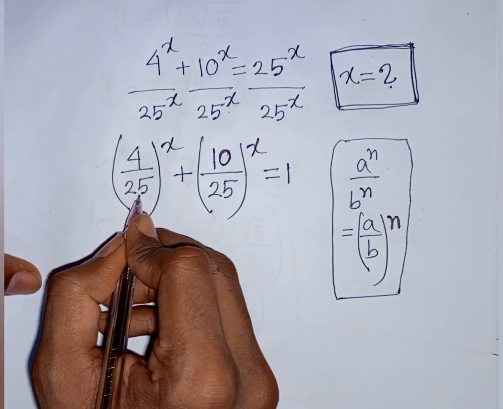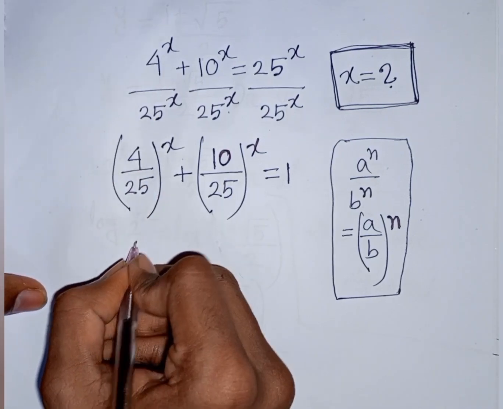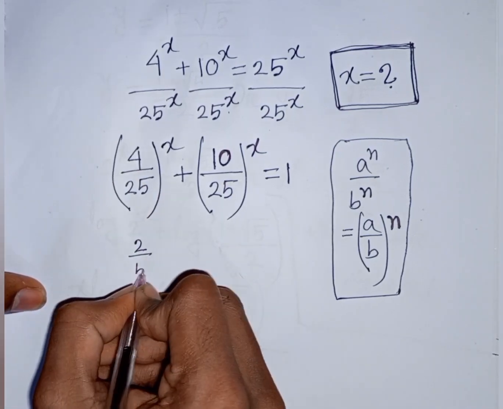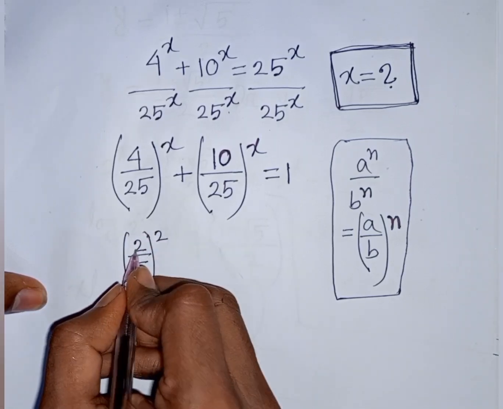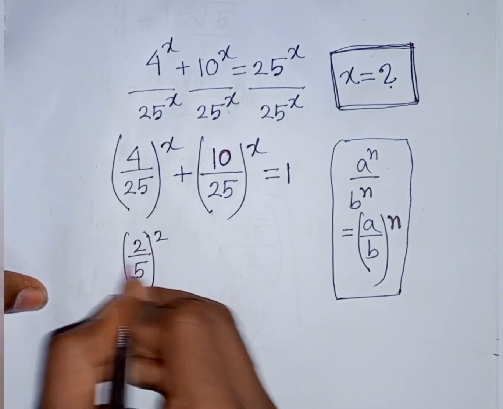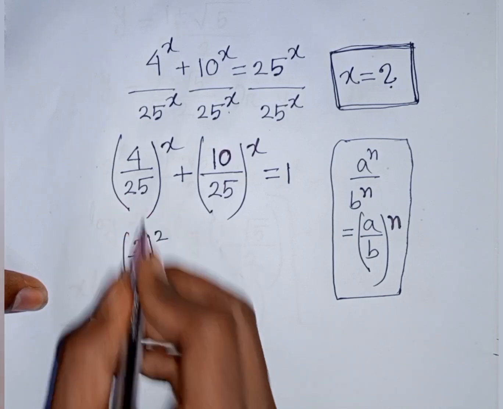Now 4 by 25 can be written as 2 over 5, then bracket power of 2. 2 square is the same as 4, 5 square is the same as 25.